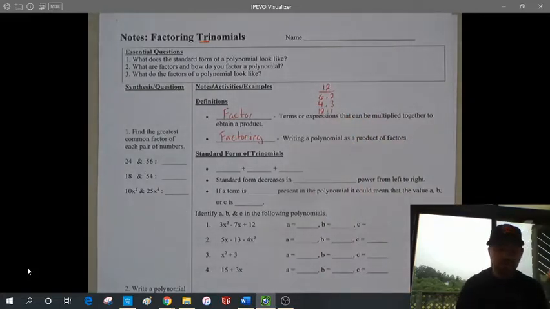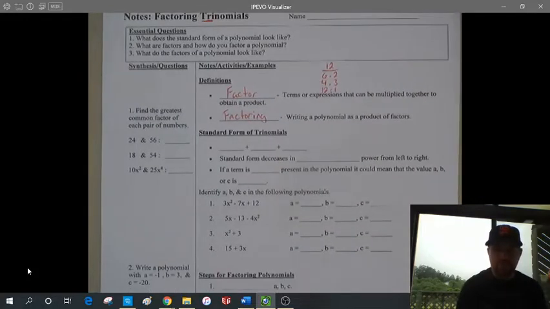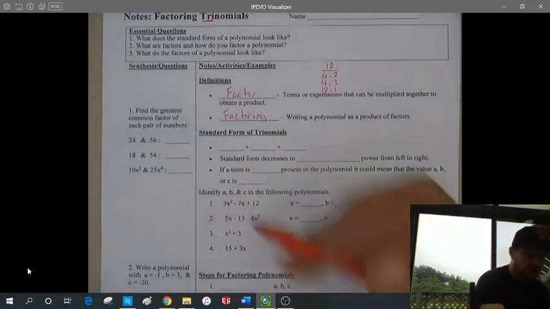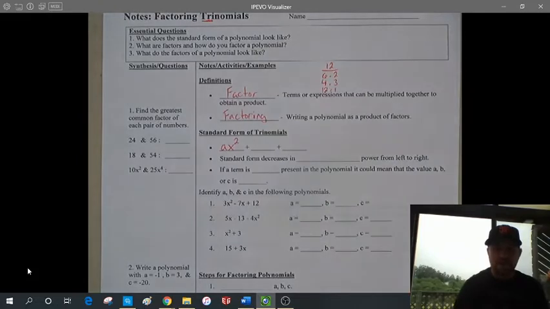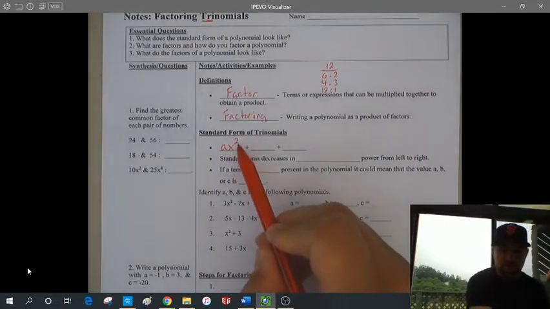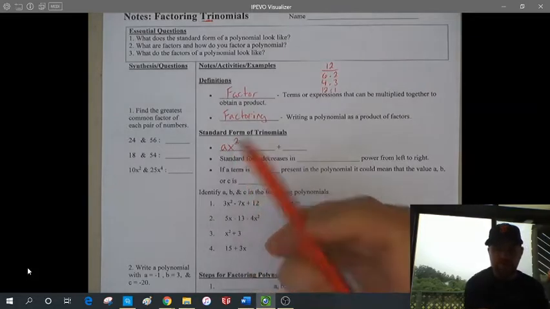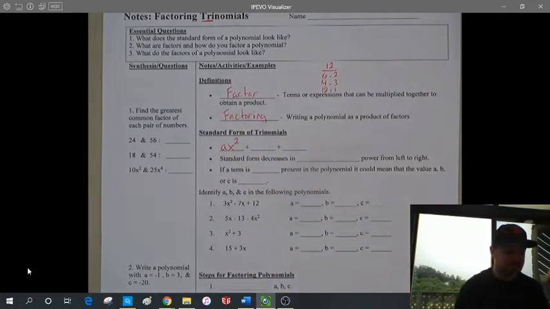That's what we're going to be trying to do with our polynomials, or in this case, our trinomials, which have three terms, right? So the standard form for a trinomial, standard form just means what does it look like when it's all variables. There's going to be an x squared term that's part of the trinomial. We noticed we were getting that quite often when we were multiplying binomials last week.